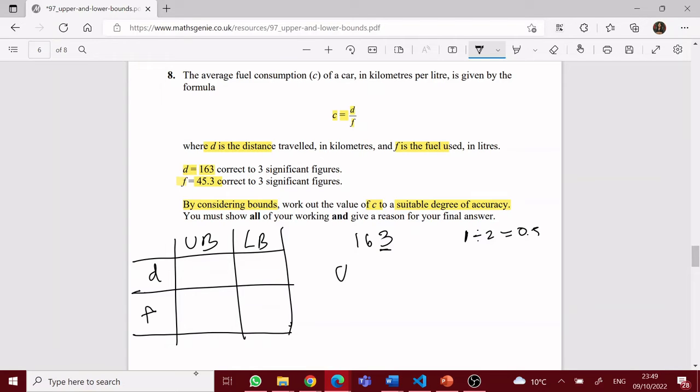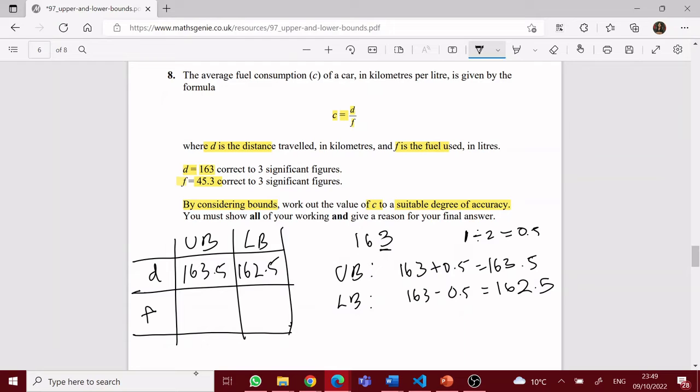To find the upper bound, all you need to do is add the 0.5, which gives you 163.5. So the upper bound of D is 163.5. The lower bound is 163 minus 0.5, which gives you 162.5.